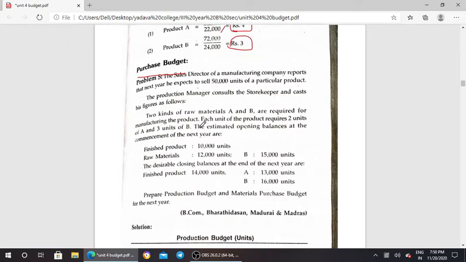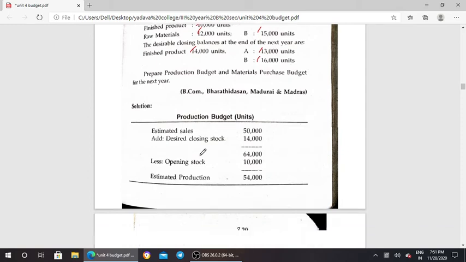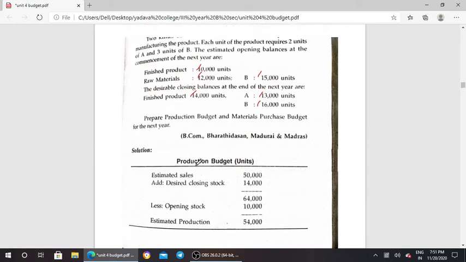Each unit of product requires 2 units of A and 3 units of B. The estimated opening balances at the commencement of next year are: finished product 10,000 units, raw material A 12,000, B 15,000. Closing balances at the end of next year are: finished product 14,000 units, A 13,000, B 16,000. So we just have to calculate all these things. Estimated sales they have given is 50,000.